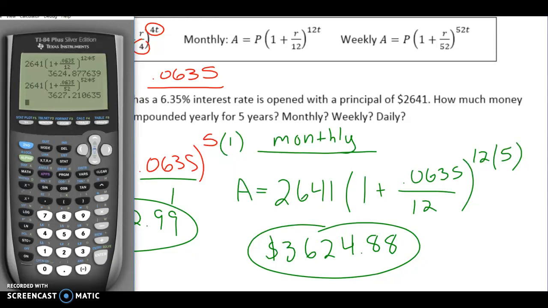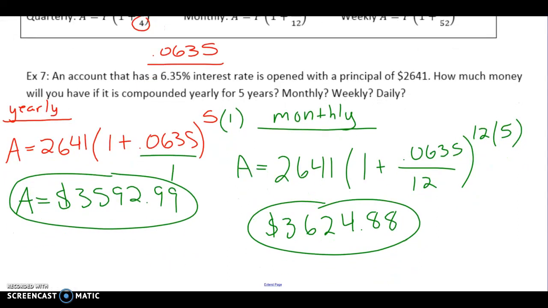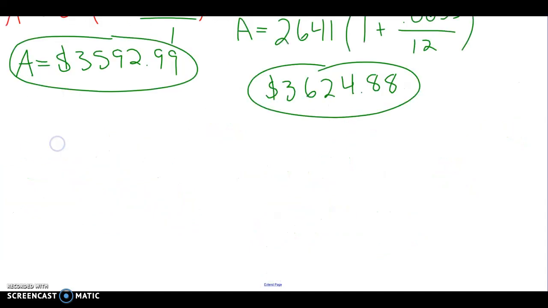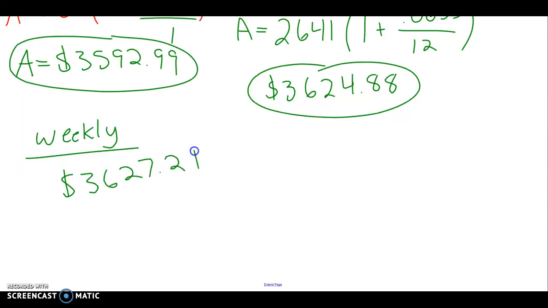So we got about an extra $3, right? Let me write that down. Weekly is $3,627.21. Is that what you got? Yeah. So what's the best so far?